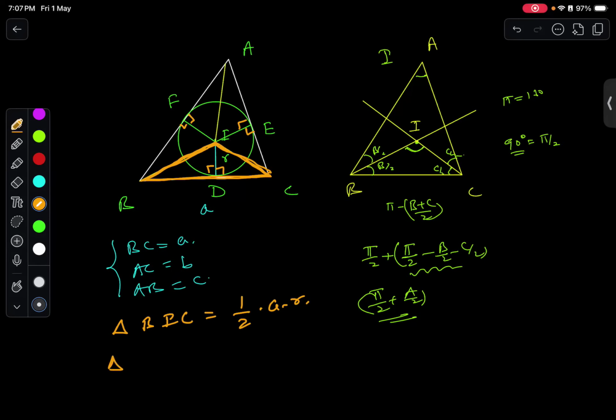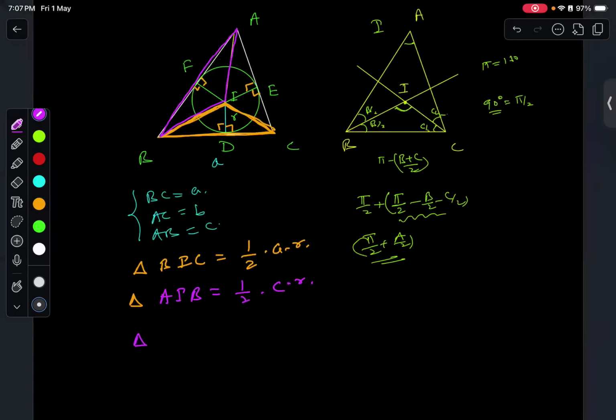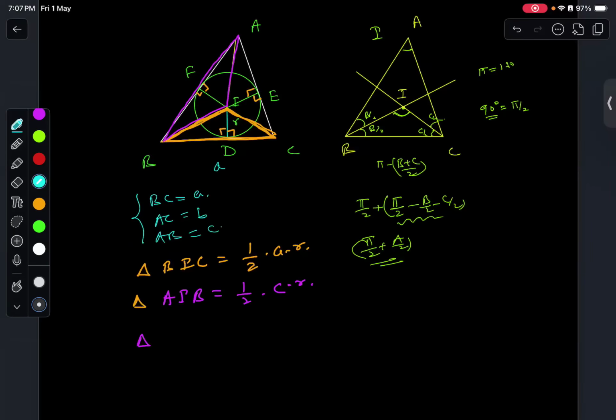Similarly, the area of triangle AIB is half into c into r, and the area of triangle AIC is half into b into r.